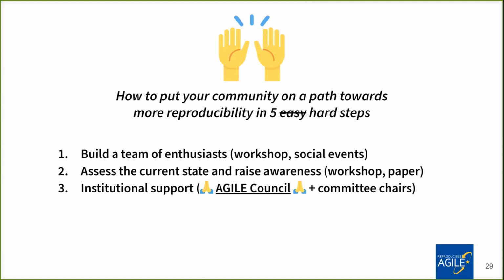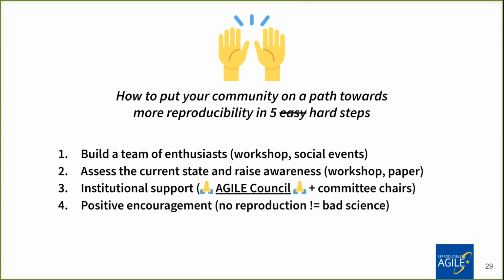If you want to have this kind of culture change, you really need people at the top who also contribute. It's really hard to drive this based solely on the good intentions of young researchers. We decided to go completely with positive encouragement.